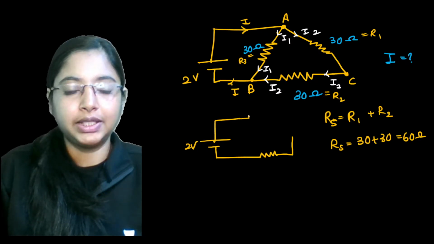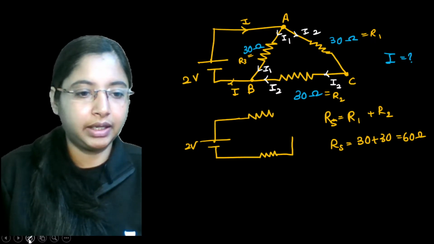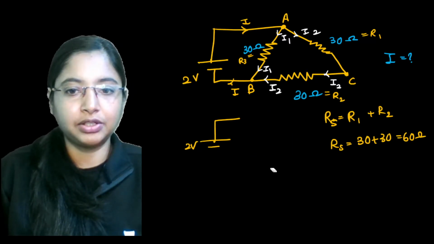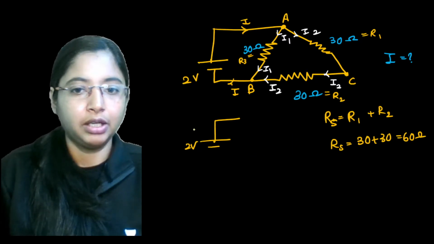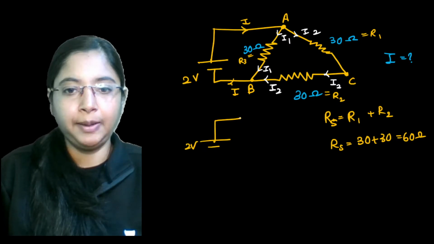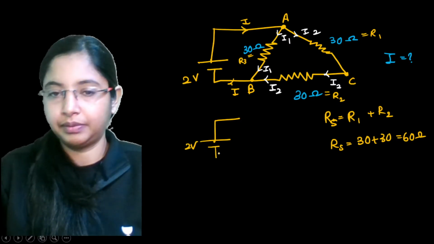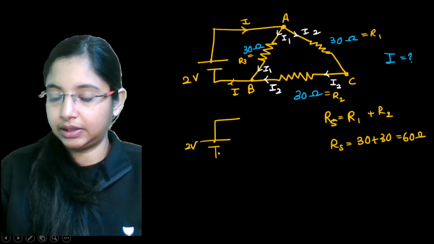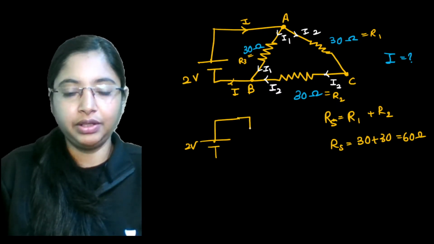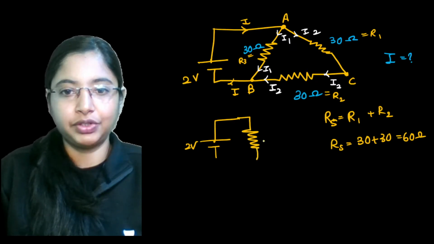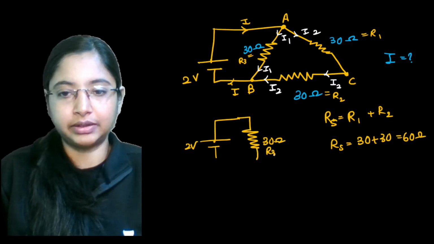Between A and B, what you have is one resistor of 30 ohms, which is your R3.